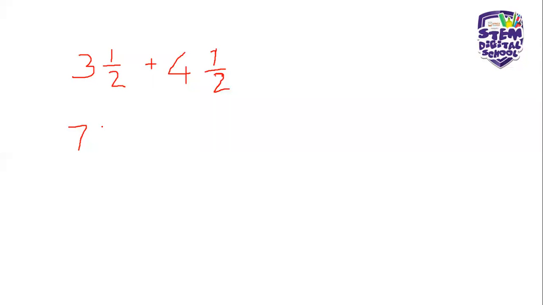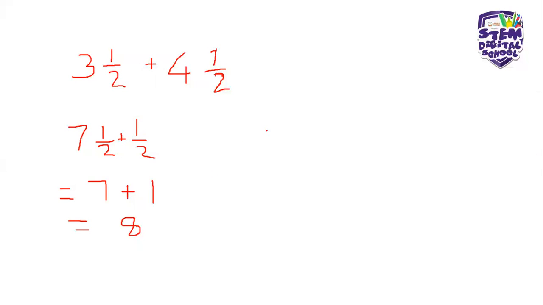A half plus a half gives you what? 7 plus a full whole. A full whole is 2 over 2. We'll put it as 1. 7 plus 1 is what? Is 8.